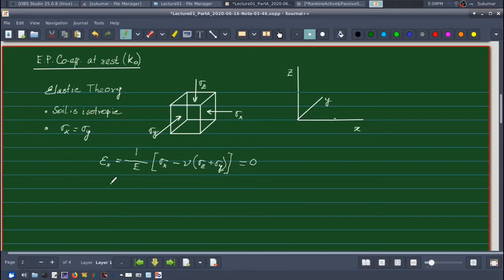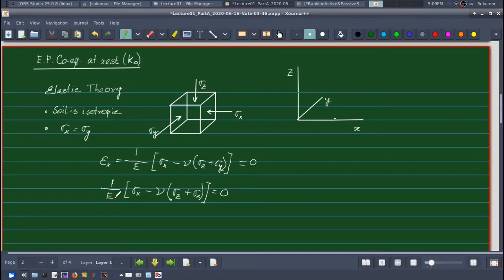Now I also know that sigma y is same as sigma x, therefore I will write this equation as one over E times sigma x minus nu, which is the Poisson's ratio, into sigma z plus sigma x again, and this is 0.